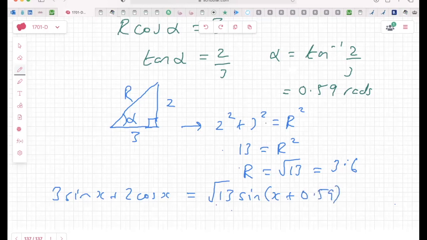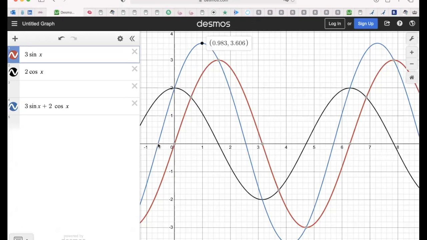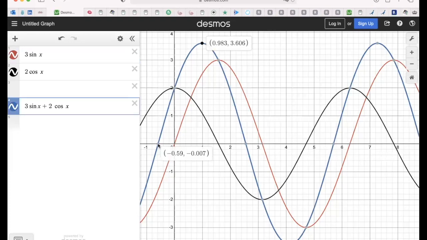There we go. So if we go back to our picture and have a look at the values, we'll see that the height here is 3.6, in other words, root 13. And the phase shift will be this distance from 0 to this point here, because the sine curve starts here, but it's gone back a little bit. So let's have a look at what the value is, and surprise, surprise, 0.59.